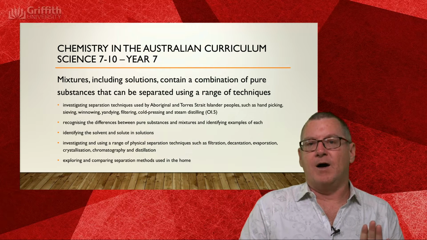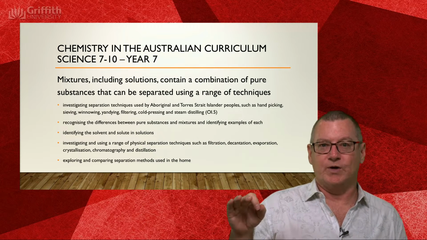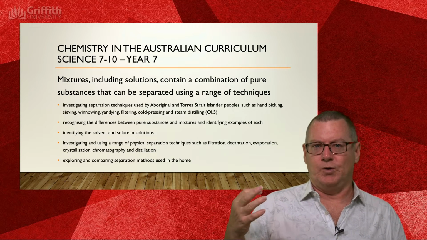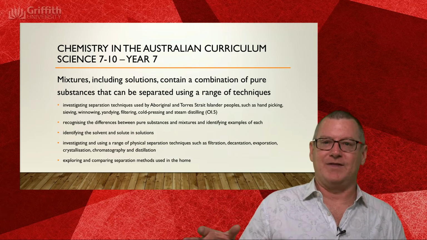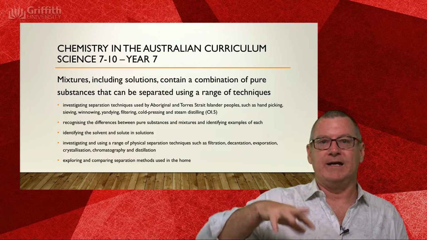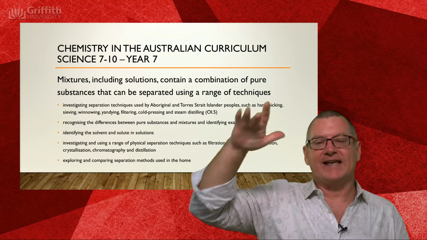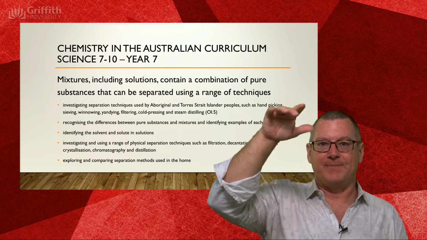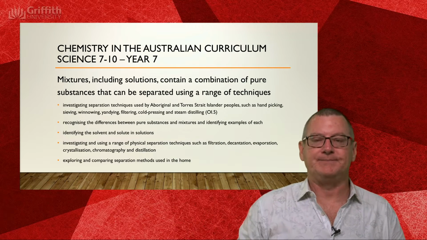Distilling, so Indigenous peoples use distilling to get clean water at various stages. We use distilling to create spirits to drink, among other things, but to create medicines and a whole variety of things as well. So boil a liquid, turn it into its gas phase, and then cool the gas back to a liquid, but you've left impurities behind. The stuff that's gone up as steam is more pure, and so the stuff that drips out the end is more pure.